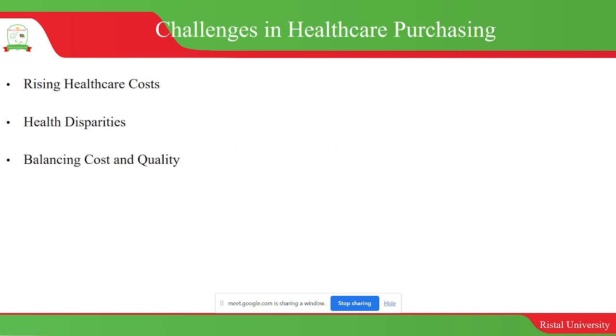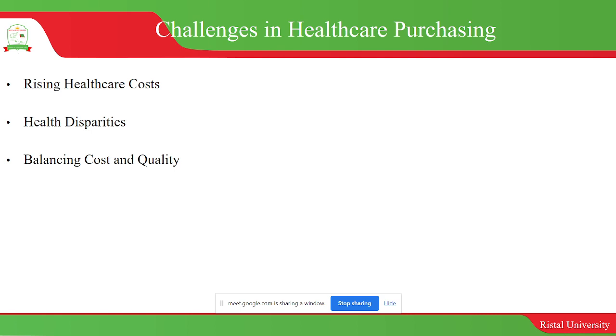So generally, people want quality healthcare services, but the costs for the services are very high. So that's the challenge that healthcare managers will have to navigate. And then you have an issue to do with addressing health disparities, where you have individuals with worse health outcomes compared to others.